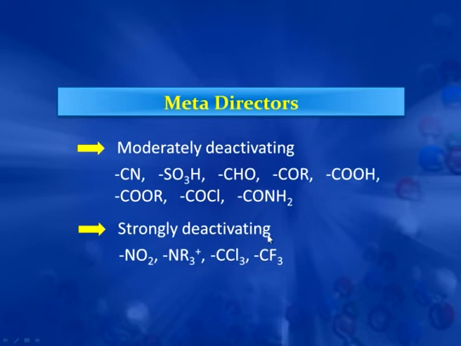Strongly deactivating groups are nitro, ammonium ions and CCl3, because this is a trichloromethyl group, where 3 chlorines are attached to a carbon. These 3 chlorines exert an electron withdrawing inductive effect, so this becomes a strongly deactivating group, and similarly CF3 also.